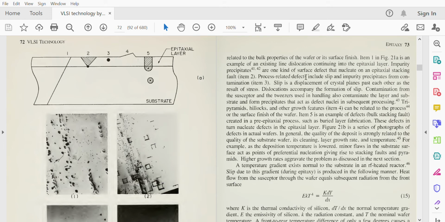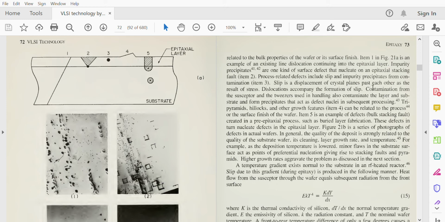Process related defects include slip and impurity precipitates from contamination. Slip is a displacement of crystal planes past each other as a result of stress. Okay, so slip, then the dislocation, then the defect over the pattern. These are the consequences of the epitaxial defects.